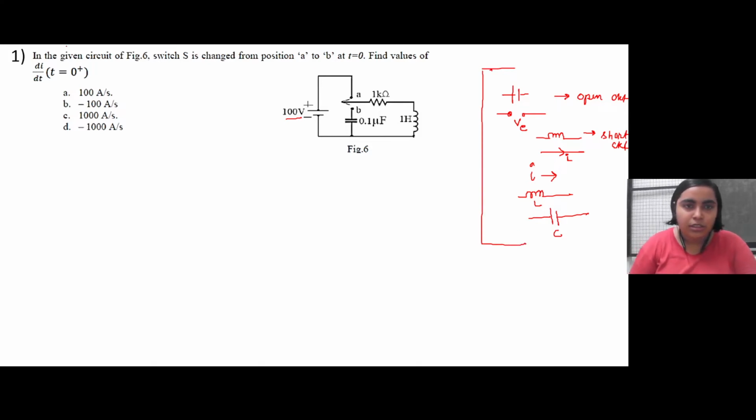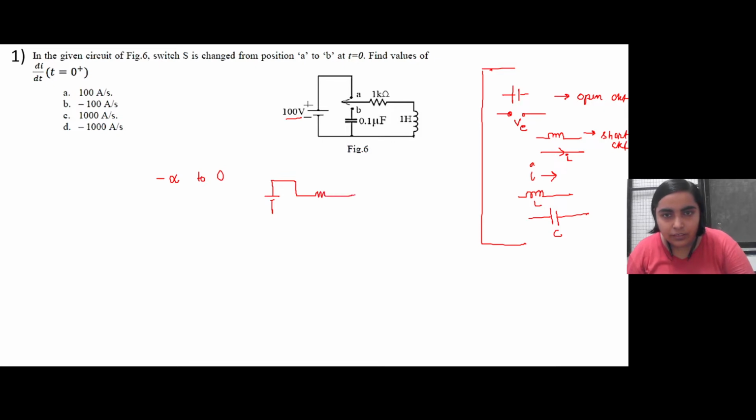So for this particular problem, how will we solve? It is given that initially the switch was in position A. So from time equal to minus infinity up to 0, the circuit was something like this. The capacitor was not connected to the circuit, it was just there.